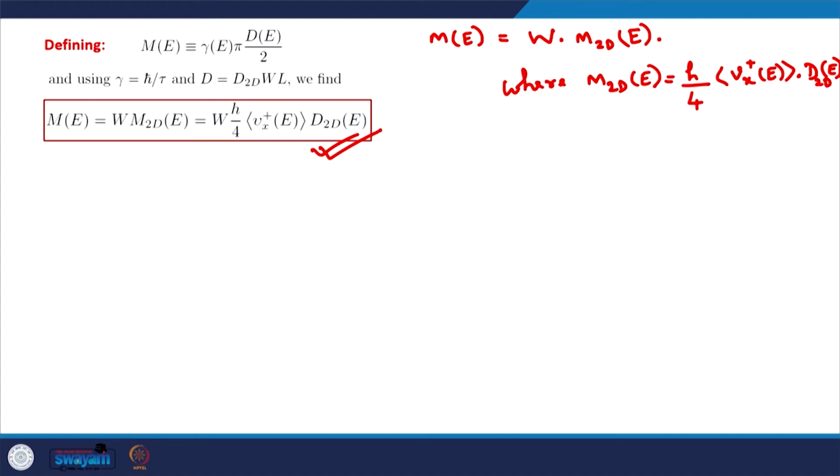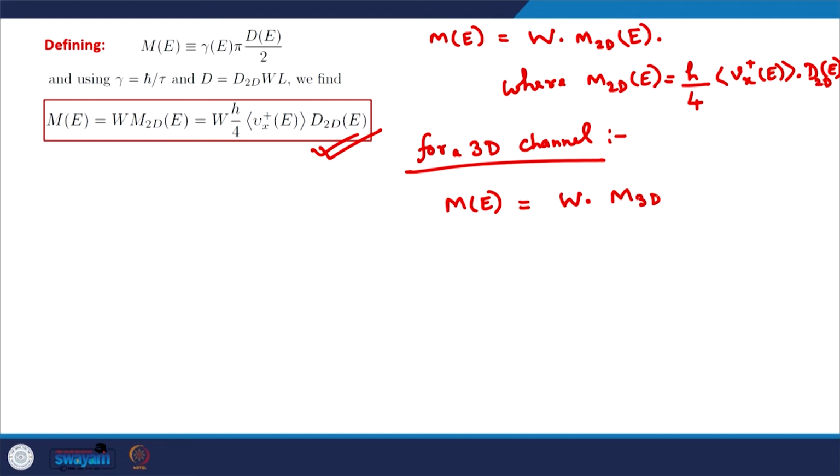Okay. Similarly, a similar expression will hold true for a 3D channel as well. So, for a 3D channel, the total number of modes in the channel would be W times M3D(E), and here in addition to W we will also have the area times M3D(E), where this M3D(E) is the number of modes per unit area.